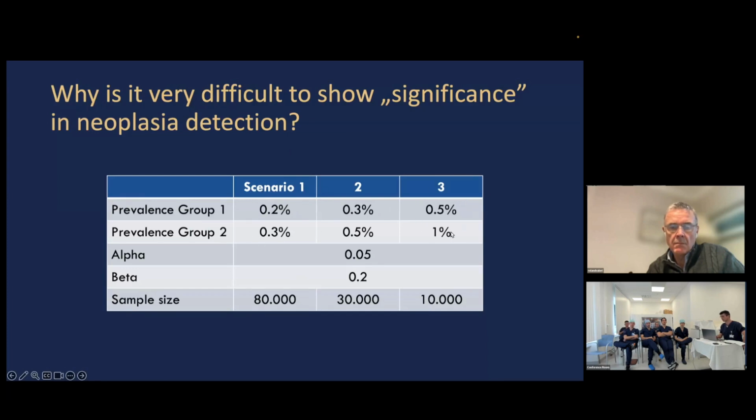However, if we look at a very enriched population, so like 0.5 to 1%, which is, I think, still an enriched population and not very easy to gather, this study still needs 10,000 patients to show a difference.